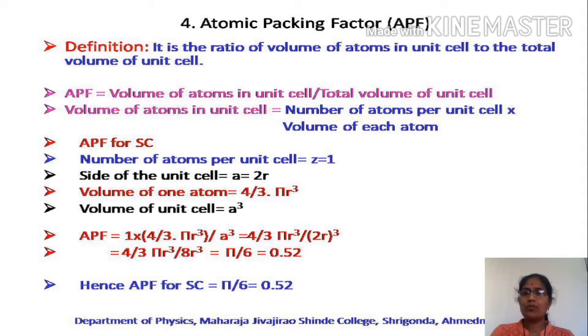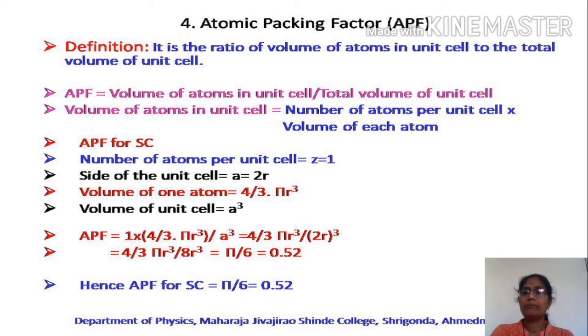Next step is 4 by 3 pi r cube divided by 8 r cube. It gives us the value of pi by 6, and on solving this, substituting the value of pi, it gives us the value of atomic packing factor as 0.52.